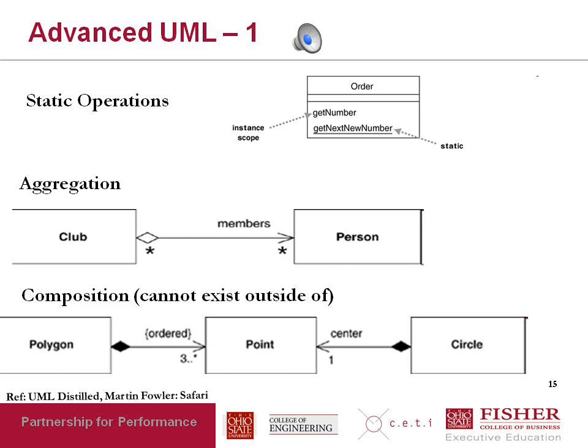So in this case, you have an object called polygon that contains points, and these points cannot exist outside of the polygon. Similarly, you have a circle which has a point at the center, and the composition relationship between circle and point essentially says, without the circle being there, the center, the point that is the center, cannot be there.